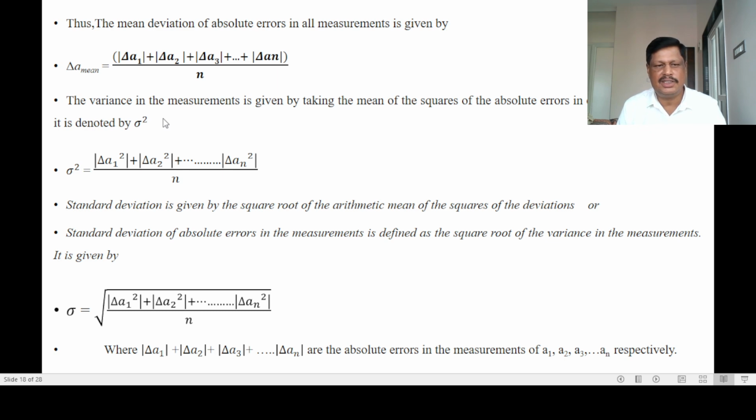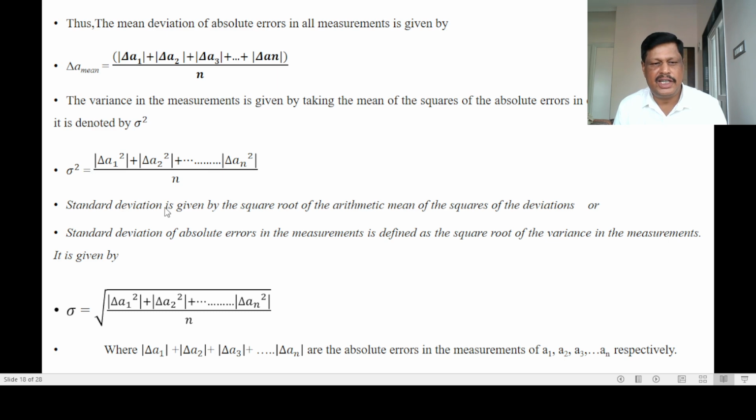The variance in the measurements is given by taking the mean of squares of the absolute errors. So here sigma square is equal to delta A1 square plus delta A2 square plus etc. delta An square over n.